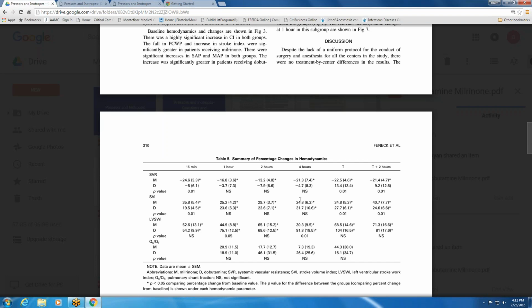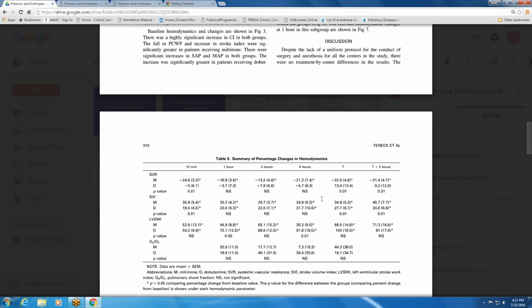So, what's a stroke volume index? Anyone know what stroke volume index is? Stroke volume adjusted for the patient's BMI. Yeah, so right, it's stroke volume. It's not cardiac output, and it's adjusted for their height and weight.